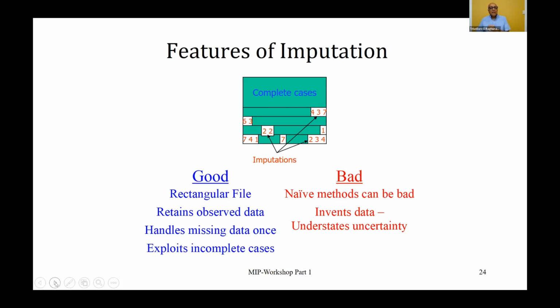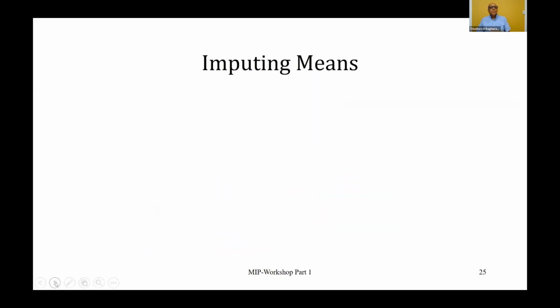They are not true values. Therefore, if you don't incorporate the uncertainty, then you are understating the uncertainty. So you have to incorporate the uncertainty associated with these imputed values, or increase the standard error to reflect it.